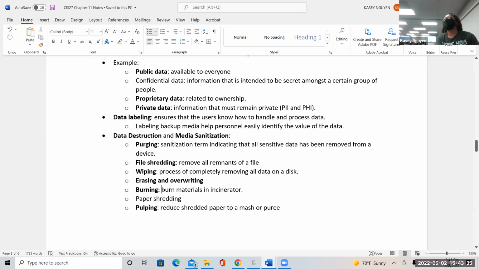And in the olden days, they put things into a burner, like a physical fire, and burned the files. We don't do that anymore. You can actually hire a company that shreds everything for you. If you've seen Cintas, they do a lot of different things. They drive a big 18-wheeler truck to your company, and they give you locked bins that look like trash bins with a slot.